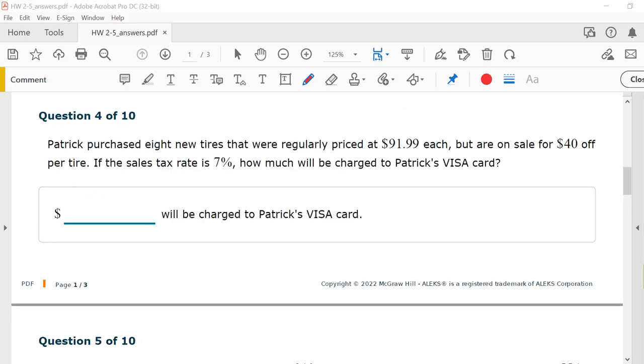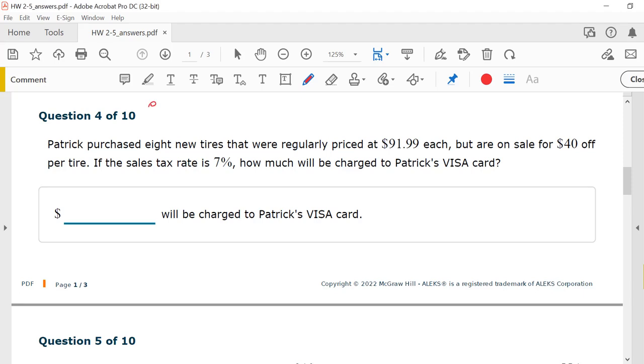Number 4. Patrick purchased 8 new tires that were regularly priced at $91.99 each, but are on sale for $40 off per tire. If the sales tax rate is 7%, how much will be charged to Patrick's Visa card?